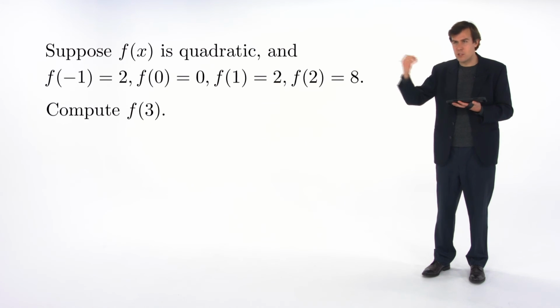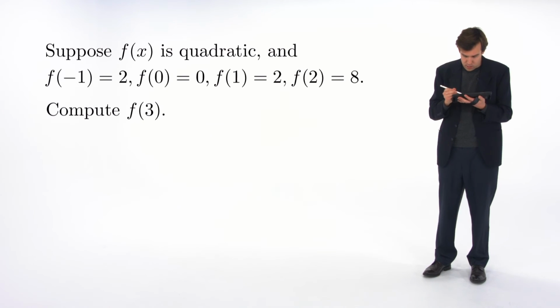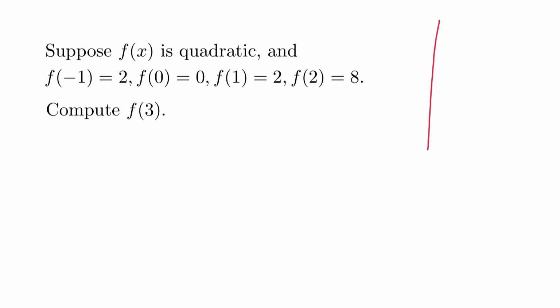So to help us out, let's start by drawing a picture. At 0, it's 0. At 1, I have the value 2. And then I blow up quickly: 3, 4, 5, 6, 7, 8.